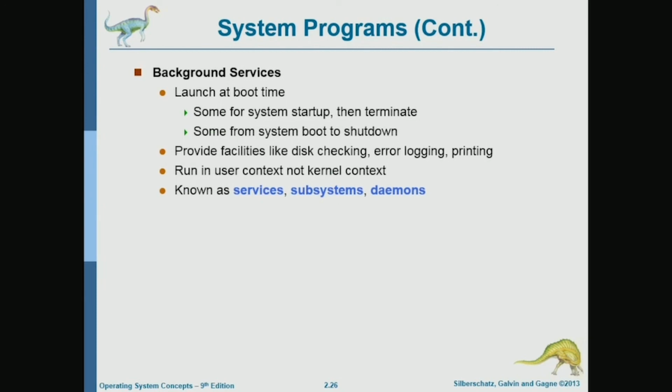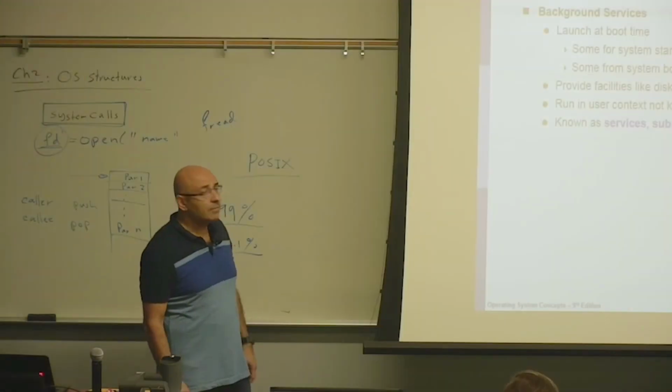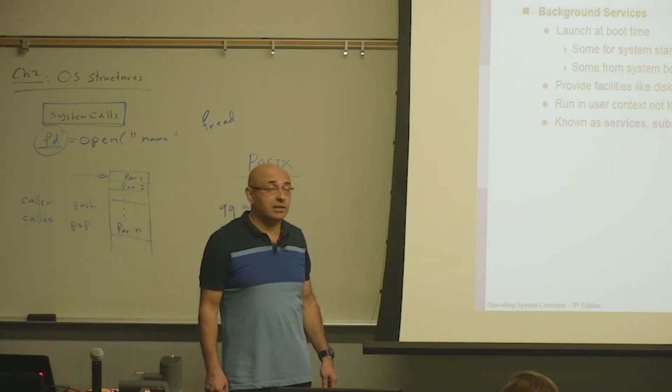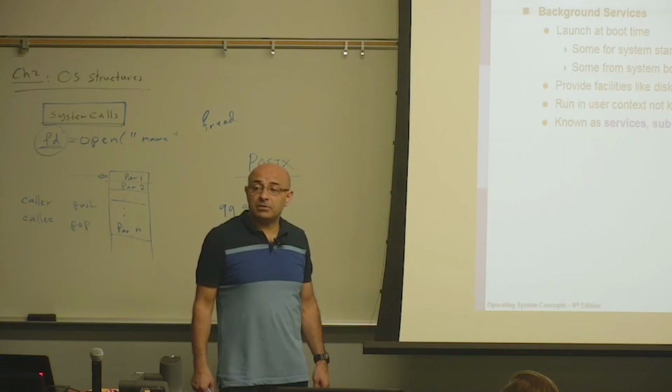As long as the system is active, these programs are running in the background. Examples are programs that keep checking on the disk or checking on memory. So these are running in the background, and they are performing system services. So the user did not create them. They got created by the system, but they are not part of the kernel.